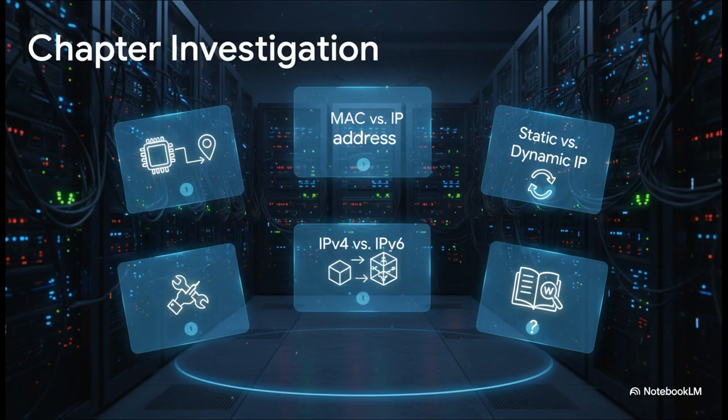Then, really understand DHCP. That's the protocol that automatically hands out most IP addresses. Pay super close attention to the structure of IPv4 and why we're moving to the massive address space of IPv6. Get a handle on the role of DNS, the phone book for the entire internet. And finally, know when you should use a fixed, static address versus a dynamic one.